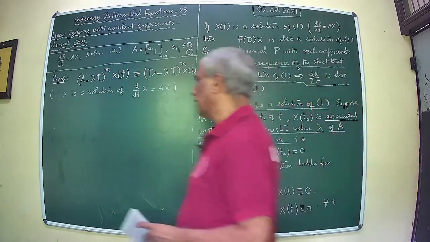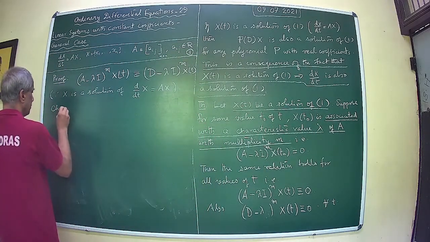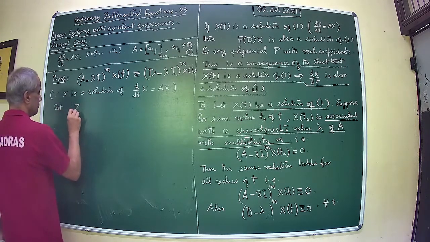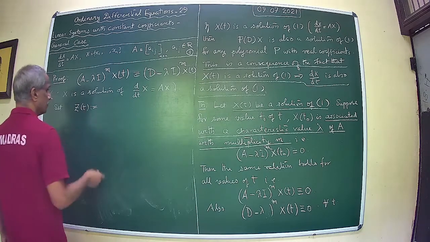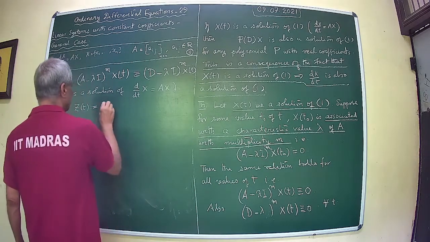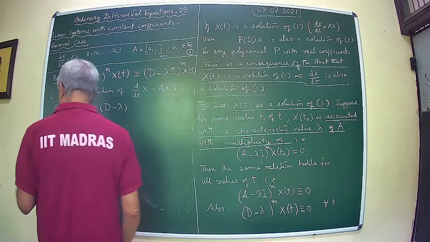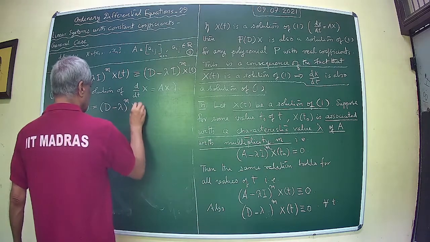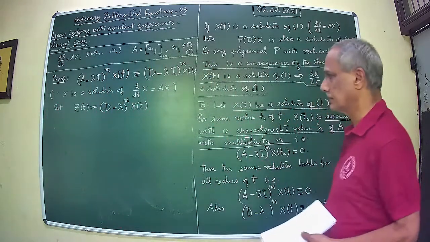Now we take, or set, equal to d minus lambda x, whatever be the function that you get.